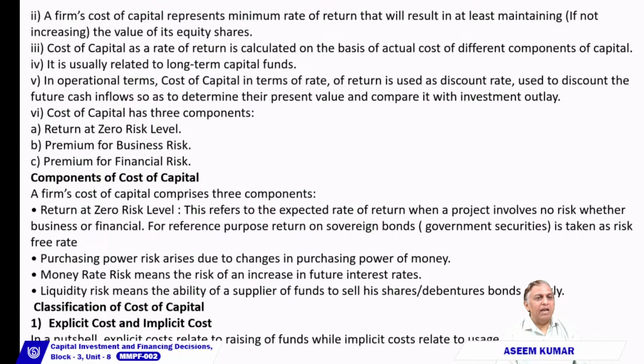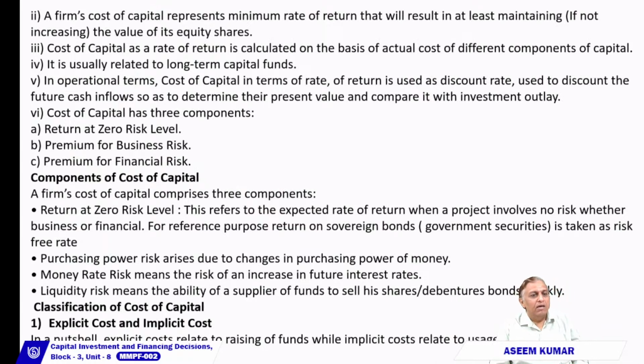Now, cost of capital has three components. One is return at zero risk level, premium for business risk, and premium for financial risk. A firm's cost of capital comprises three components.